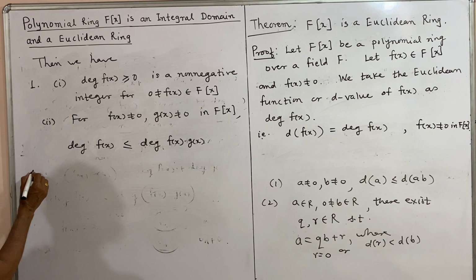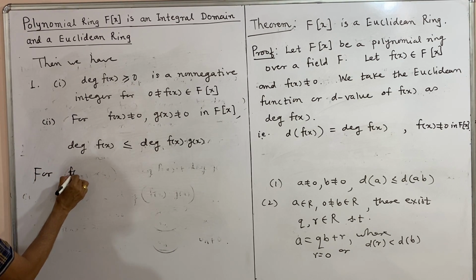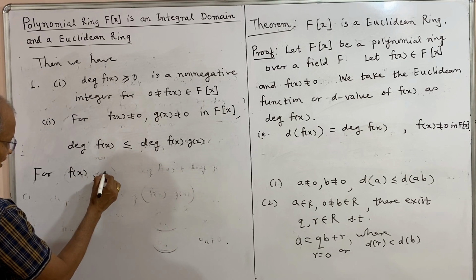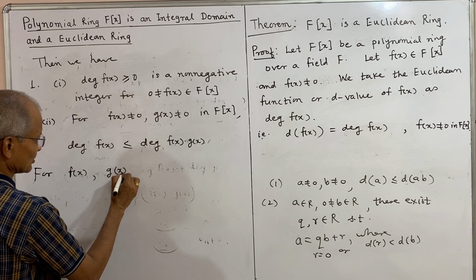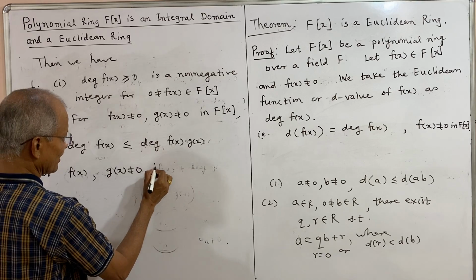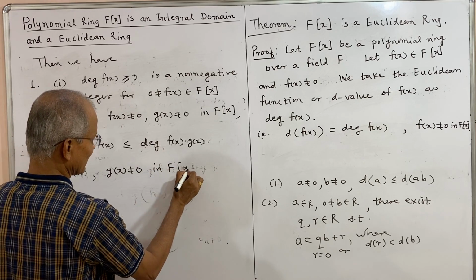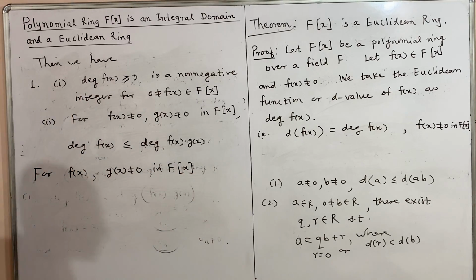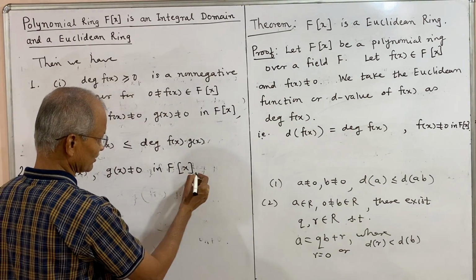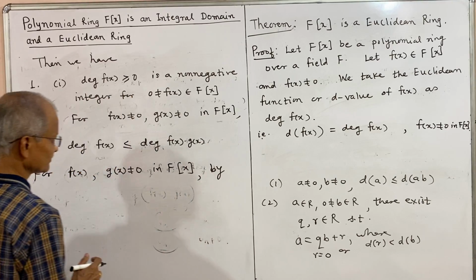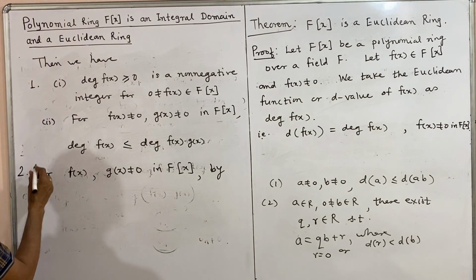And the second condition is for f(x) and g(x) not equal to 0 in F[x]. These are the two polynomials. There exist, by the division algorithm, or this condition is obtained by the division algorithm.